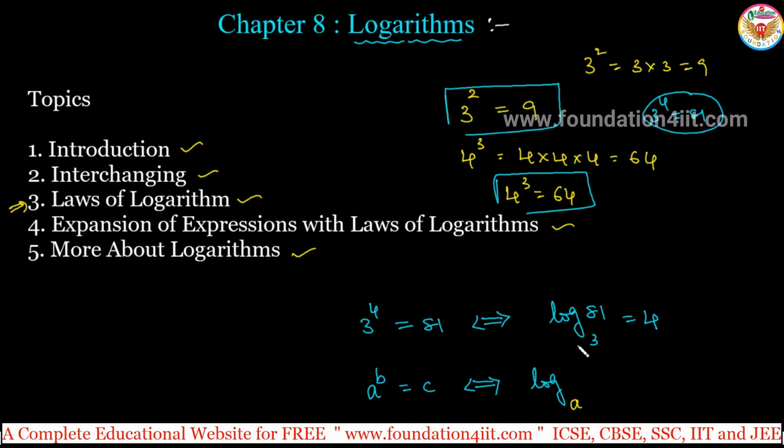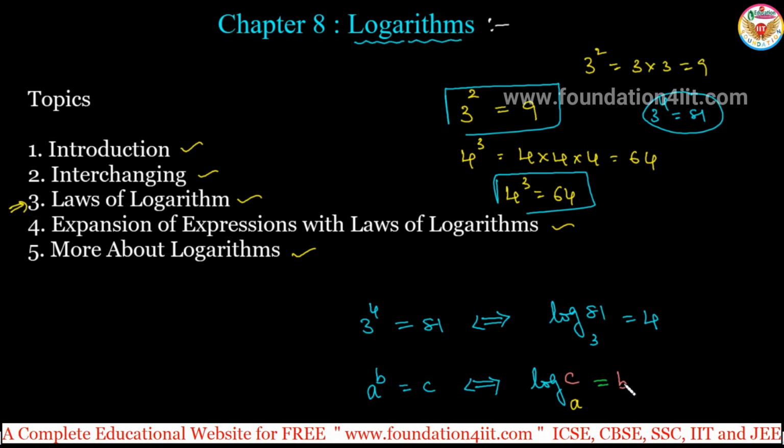Next, here is the equal symbol. This b and c, the places will be changed. You observe the pattern. It must be c and this is b. So this is log c to the base a is equal to b. Any number that exists, we can write in logarithmic form in this way. This is the main important thing for converting from exponential form to logarithmic form.